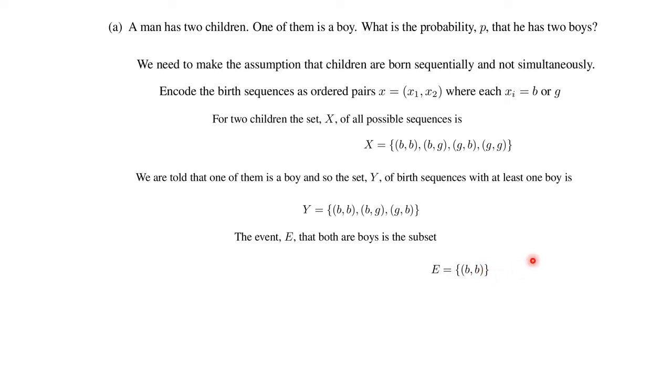Then the probability is the cardinality of this set over the cardinality of this. So if we have no other information about these children, it is the number in this event over the total in the sample space for this problem, which is 1 out of 3.